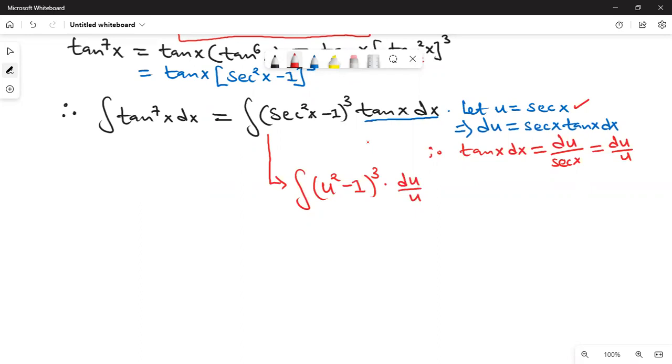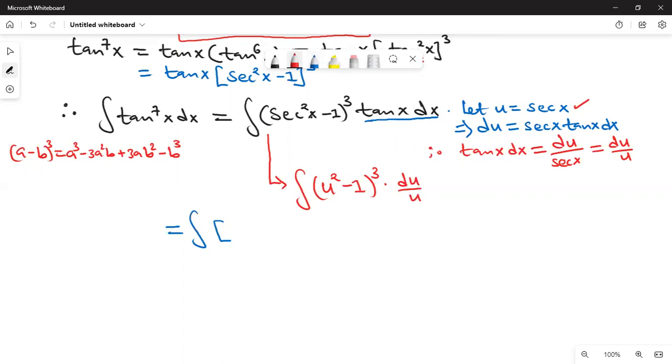So let us cube this one by binomial expansion. When I cube it, remember, take note that a minus b cubed is the same as a cubed minus 3a squared b plus 3ab squared, then minus b cubed.